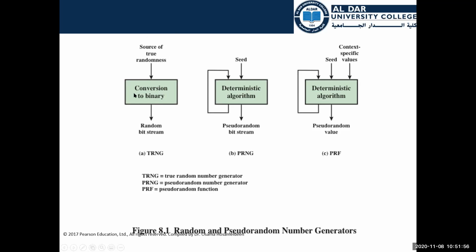For example, the most common one is taking an analog electricity value, converting it to digital, and then taking this random bit stream.